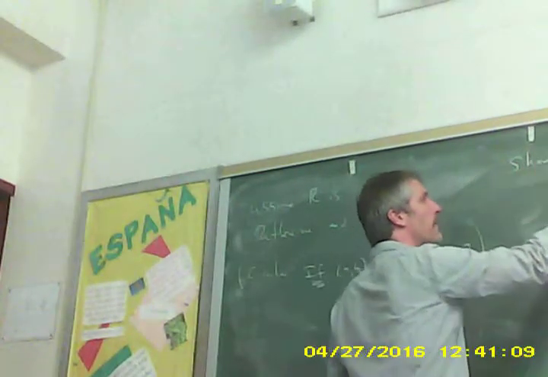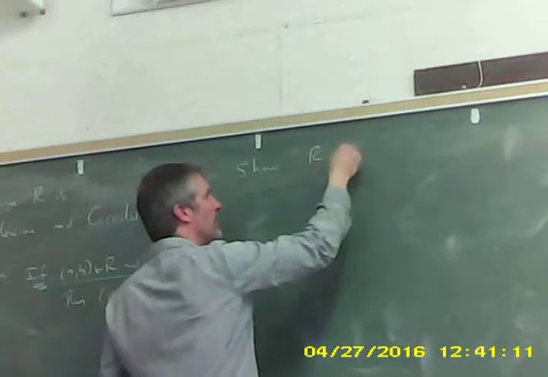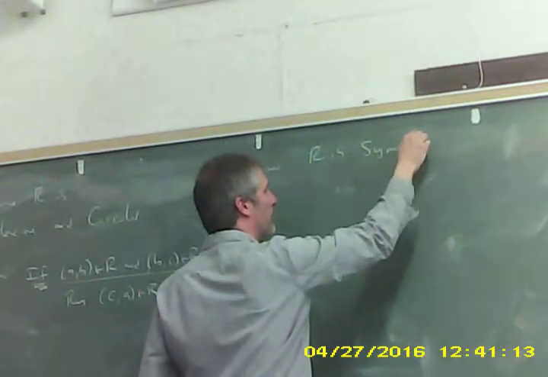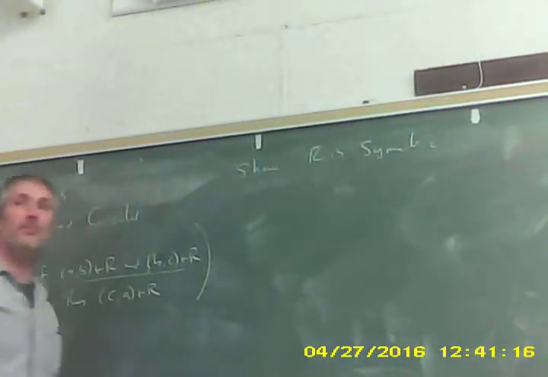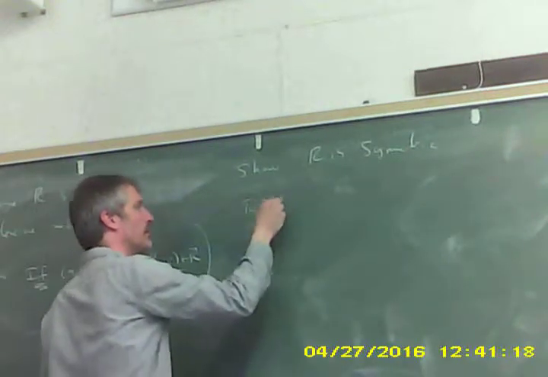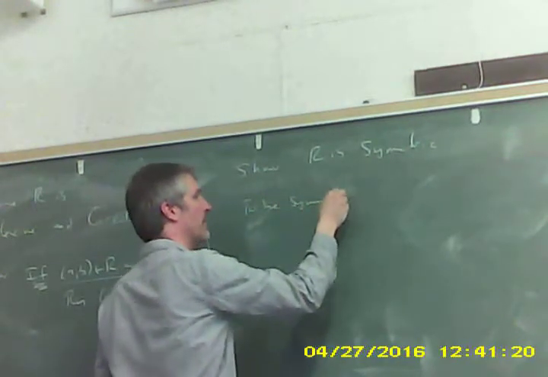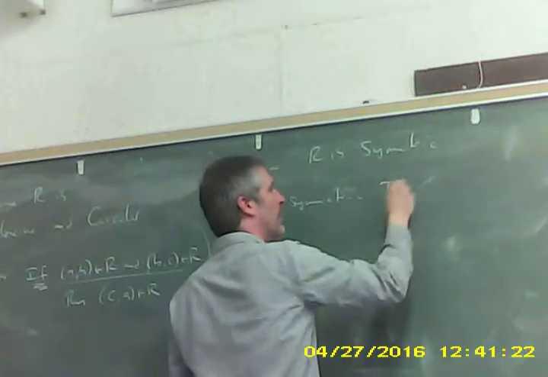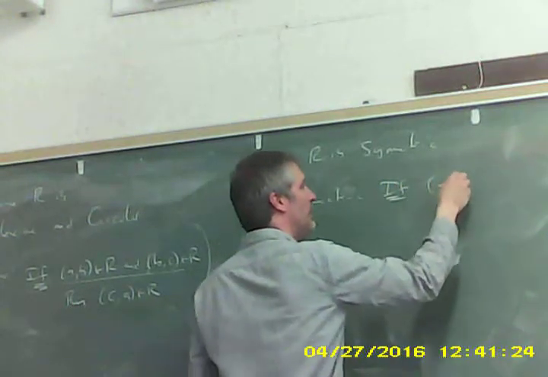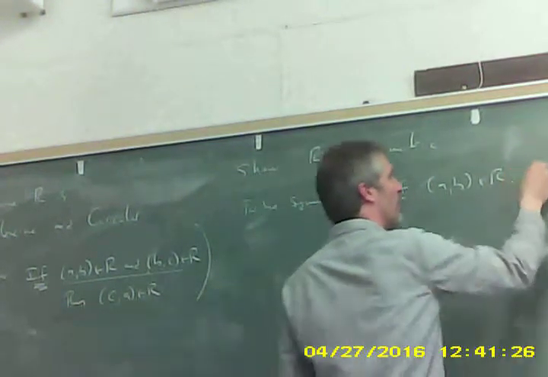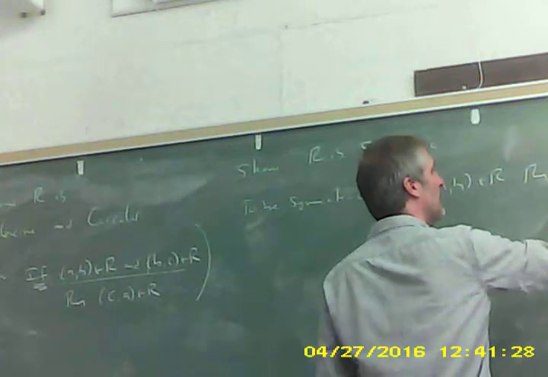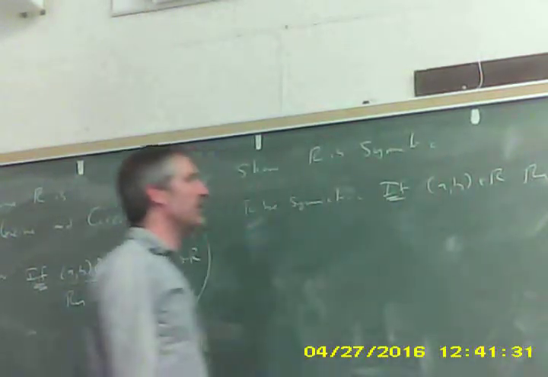So, we want to show R is symmetric. So what does it mean to be symmetric? If AB is in R, then BA is in R. That's what it's meaning.